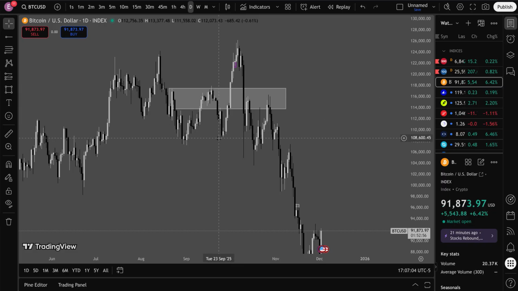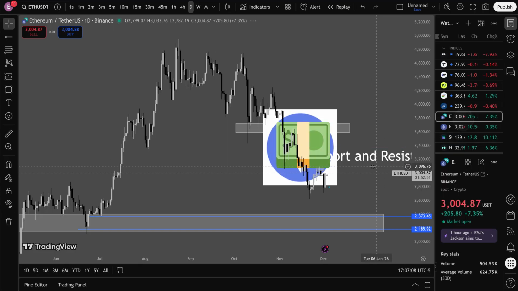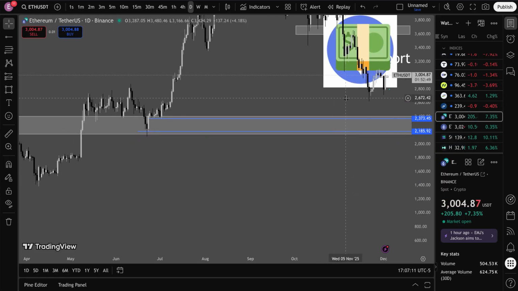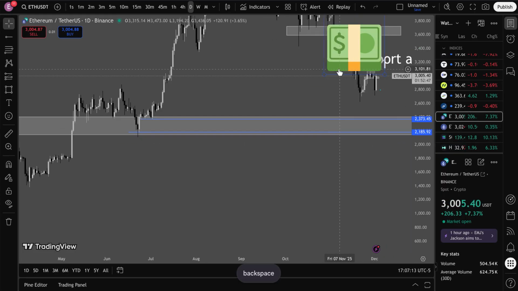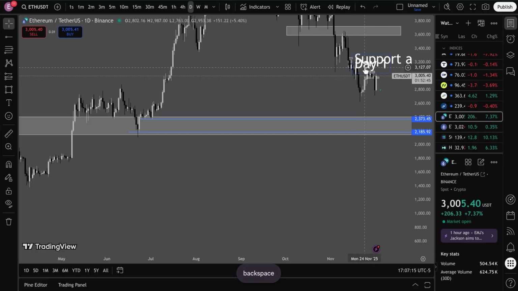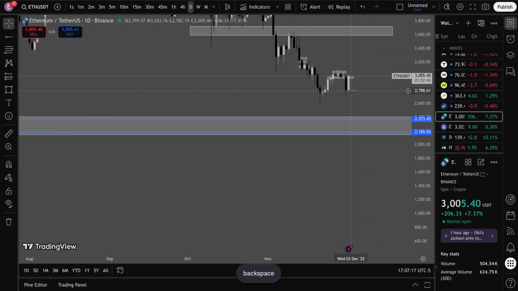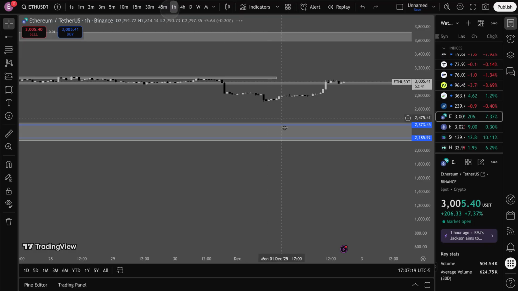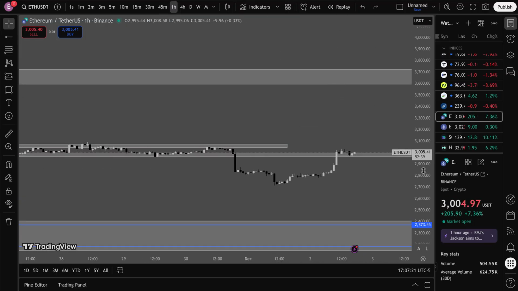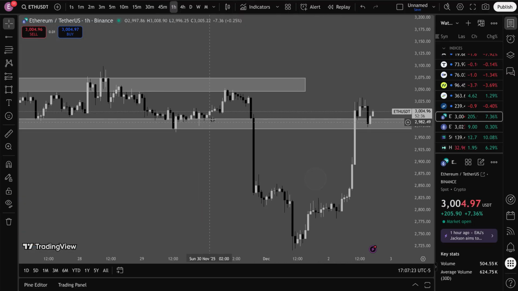Sometimes price will just break right through it, just like I showed on Ethereum, how price just smashed right through this level, then came right back up.